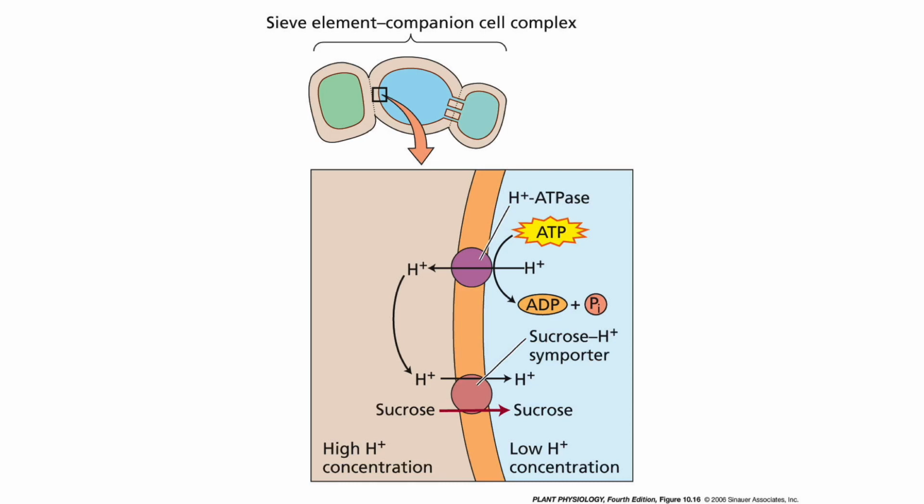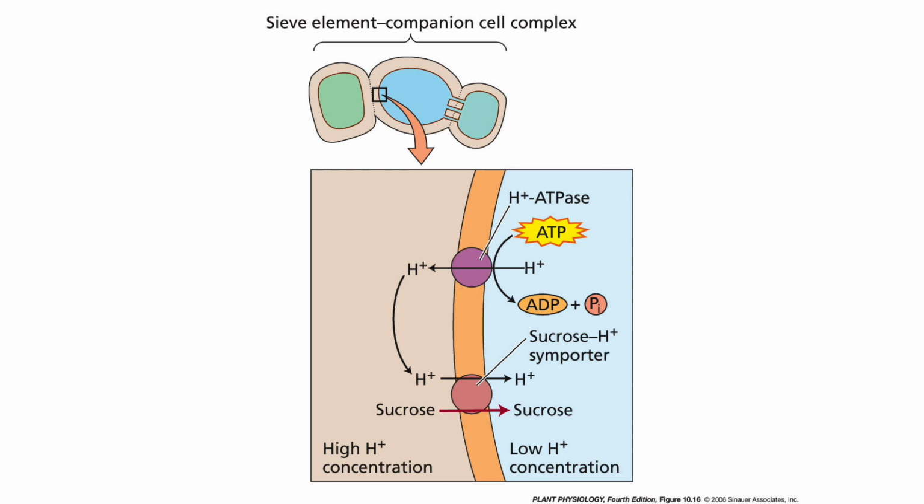Again, the sucrose concentrations are actually much higher inside the cell than outside the cell, but it's using the energy of the protons to go passively down its electrochemical potential gradient, from high proton to low proton concentrations, and drive sucrose transport through a sucrose symporter that uses protons and sucrose.